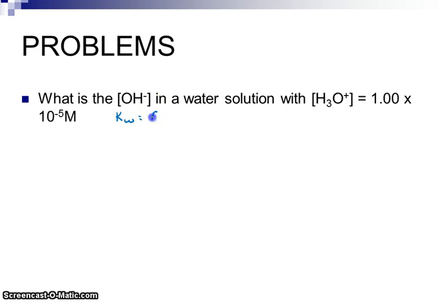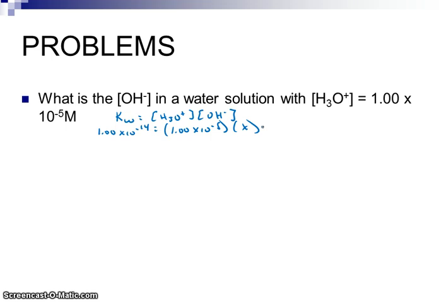Kw equals the hydronium ion concentration times the hydroxide ion concentration. Kw is a constant, 1.00 times 10 to the minus 14. We know the hydronium ion concentration, so we'll plug that in. 1.00 times 10 to the minus 5. We're trying to find the hydroxide ion concentration.